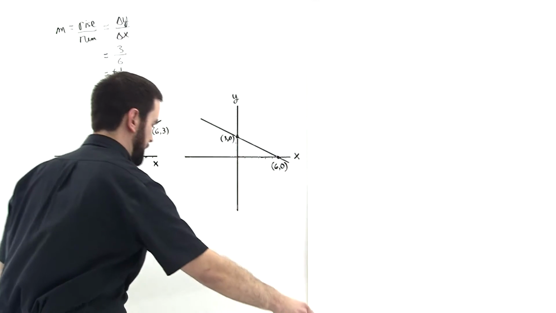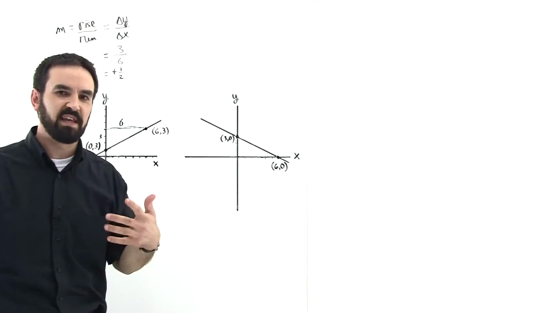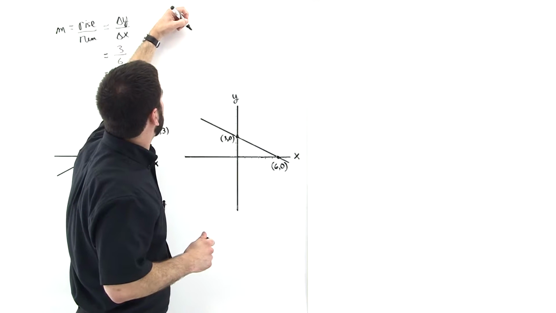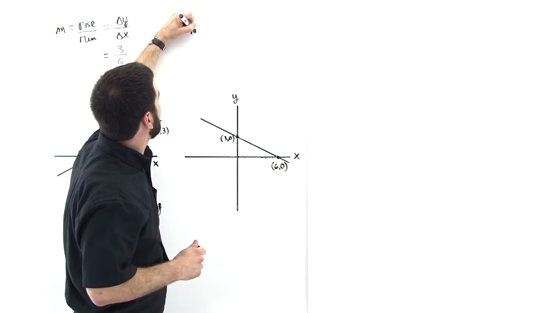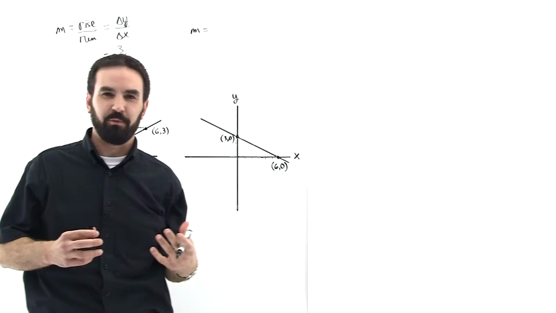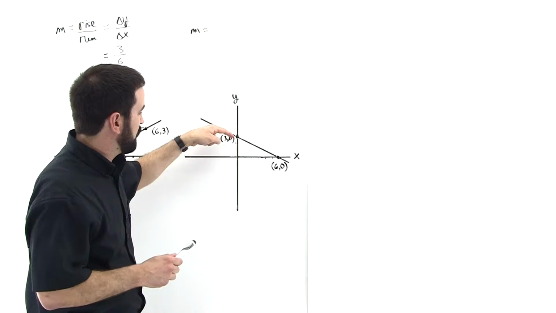Here's the second type. This line is sloping downward, so we say that this is a negative slope. In the language that we use, we usually say rise over the run, right? But this thing doesn't rise, because to get from here to here, we have to drop down.